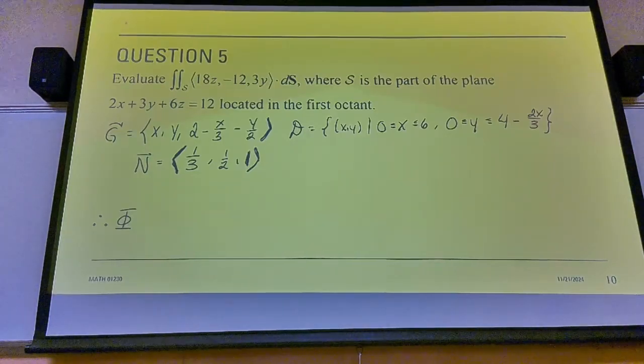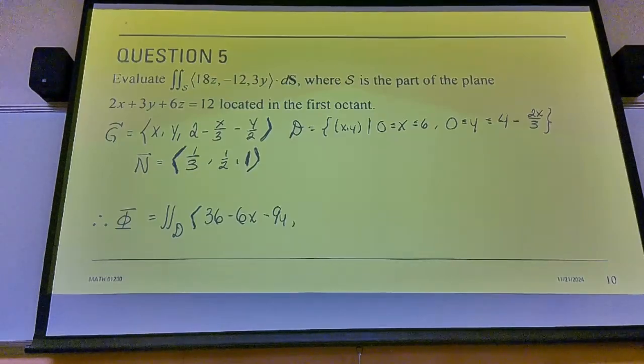Flux is therefore the double integral over our domain. Evaluate the force field along g. What do you get? 36 minus 6x minus 9y, comma.